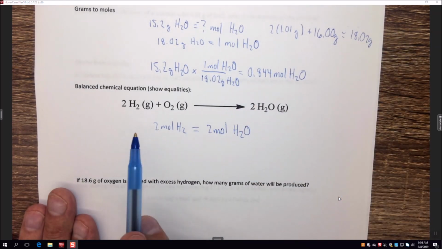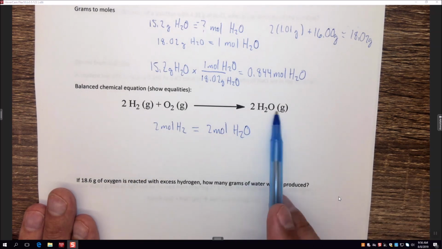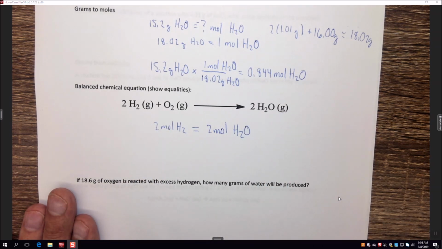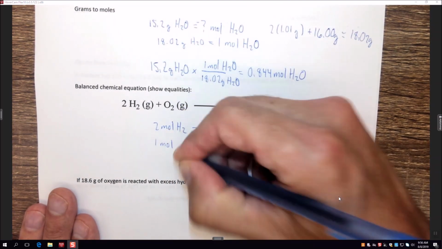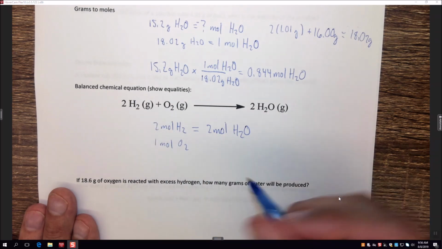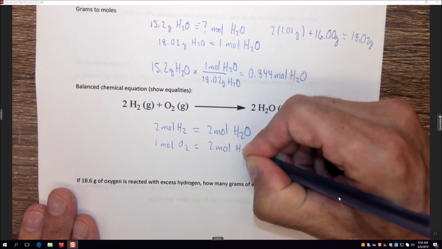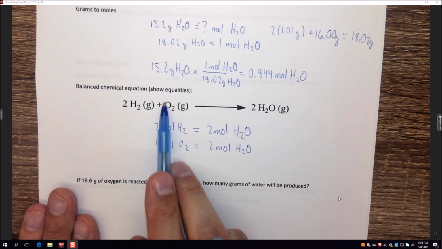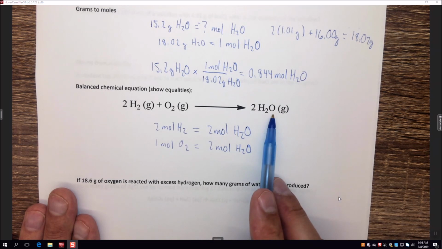Because the balanced chemical equation says for every 2 moles of hydrogen, I will yield 2 moles of water. Well, if I wanted to use 1 mole of oxygen, which is the stoichiometric coefficient in front of oxygen, I would yield 2 moles of water. So 1 mole of oxygen, there's no number here, so it's a 1, yields 2 moles of water.